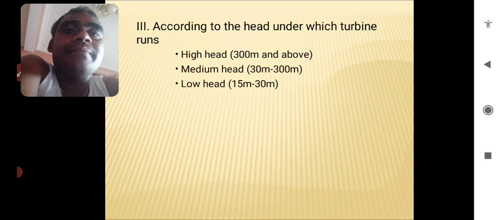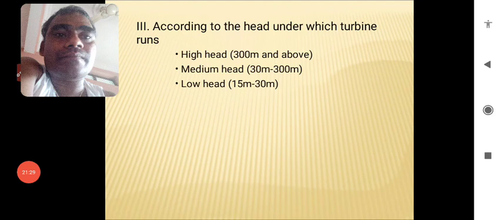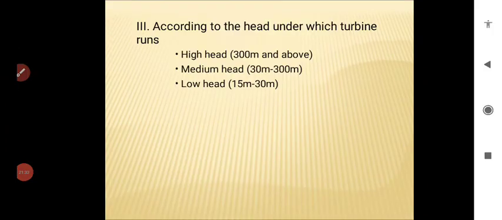Medium head turbines are turbines working under medium head, in the range of 30 meters to 300 meters. An example of this turbine is the modern Francis turbine.